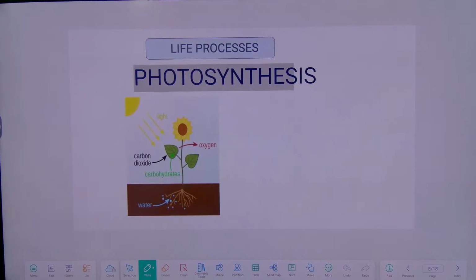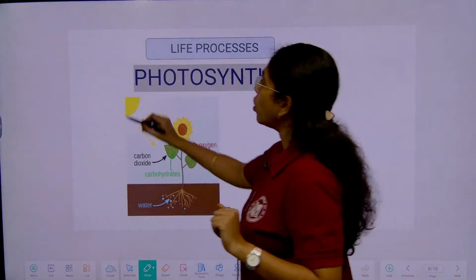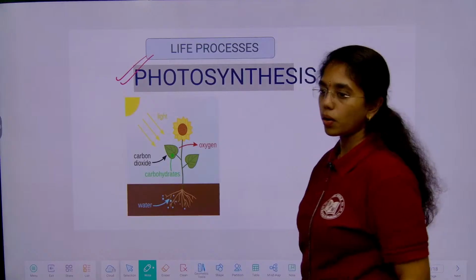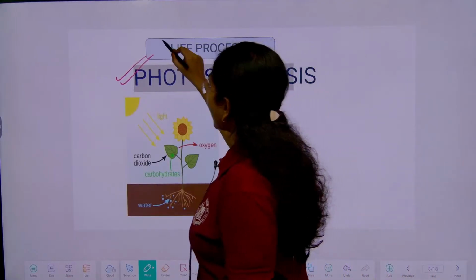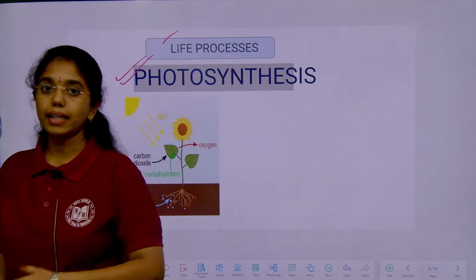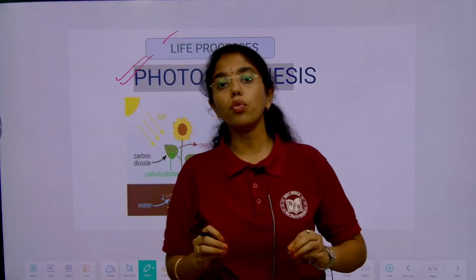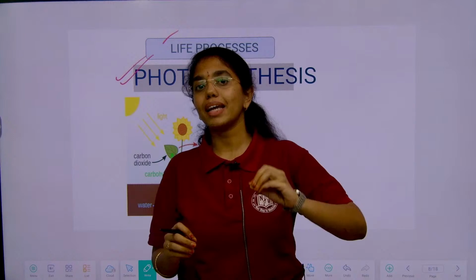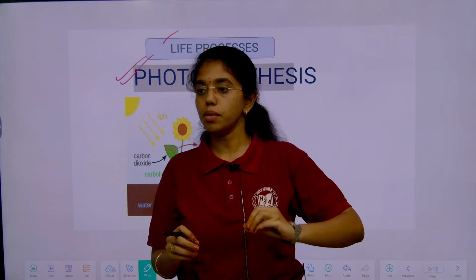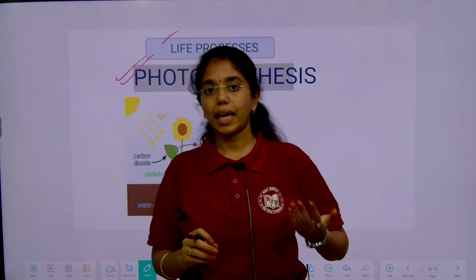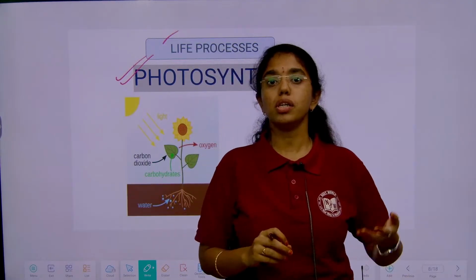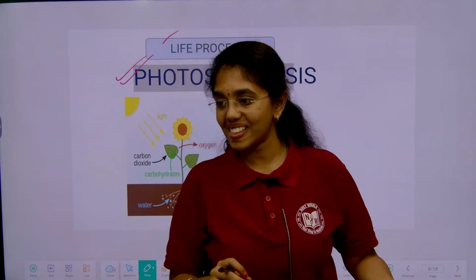And now we will start on discussing about photosynthesis. Okay. So what are life processes basically? At the conclusion, what are we learning? All the processes which are involved to run the metabolic reactions inside a living organism are life processes, like digestion, circulation, respiration, reproduction, excretion.